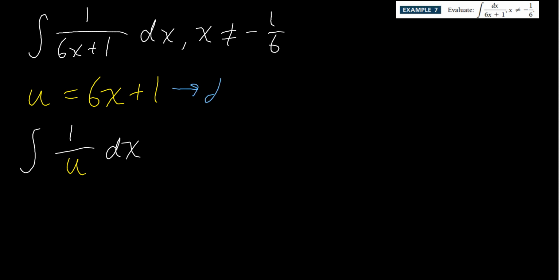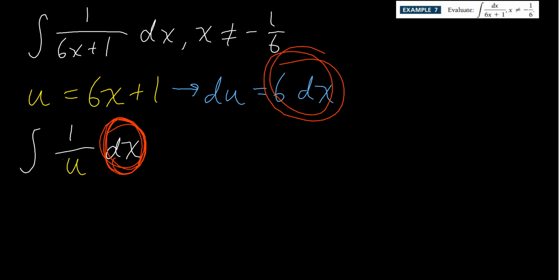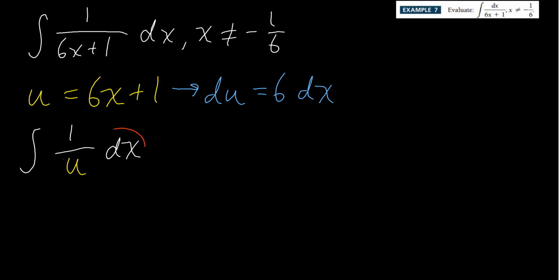I take the derivative of both sides, so du is going to be equal to 6 dx. Same as before, same as example 6, I have a dx, but up here I've got a 6 dx. Well, I need to replace this dx with this dx. So all I have to do is isolate this dx. By isolating the dx, I'm going to divide both sides by 6. So I'm going to have du divided by 6, and that's going to be equal to dx.